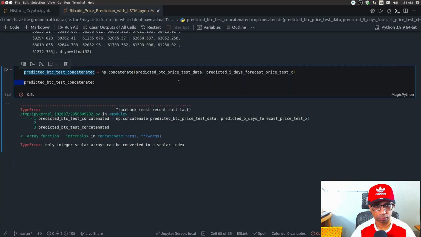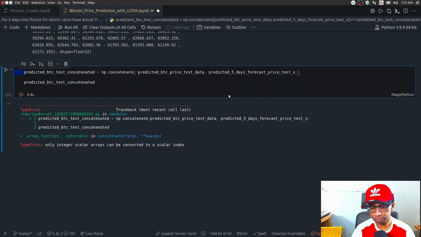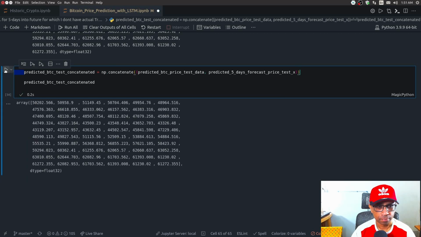Why did it happen? Only integer scalar arrays can be converted to a scalar index. Oh yes, I have to pass the arguments to np.concatenate in a tuple format. Yes, it should work. Run this cell. Awesome. So now they have been concatenated.